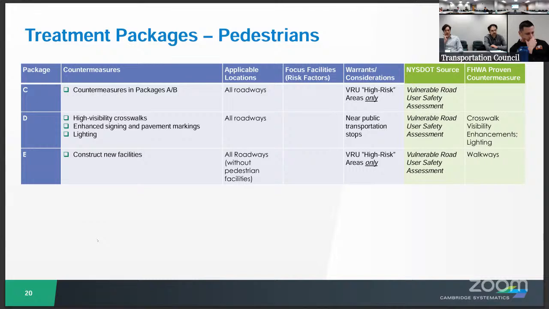So working a little bit with the NYSDOT main office, we were able to come up with some of these ideas: recognizing existing countermeasures, putting countermeasures near public transportation stops, including lighting, which was a specific goal, and even constructing new facilities where none currently exist. So some new opportunities presented by the Vulnerable User Safety Assessment.